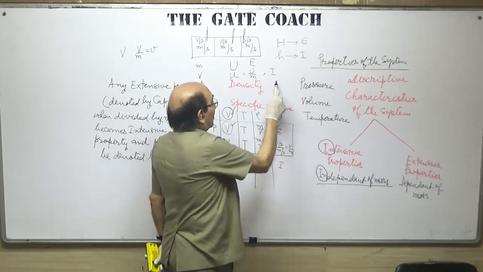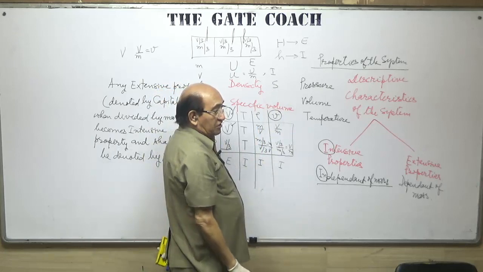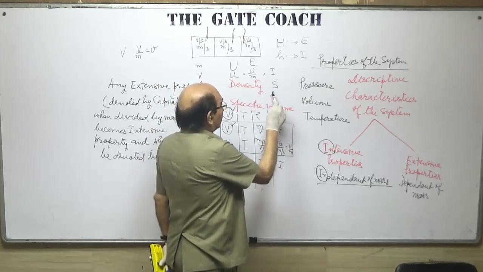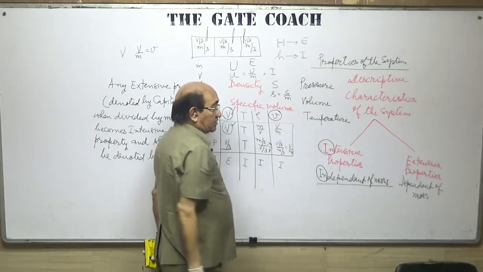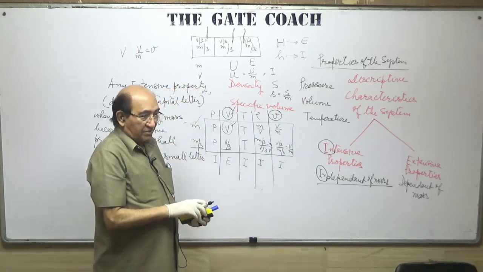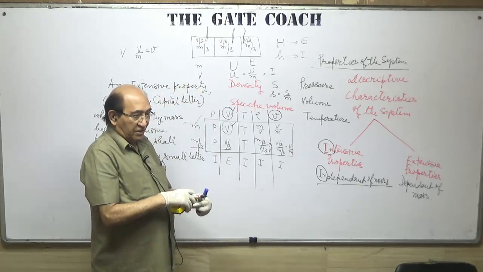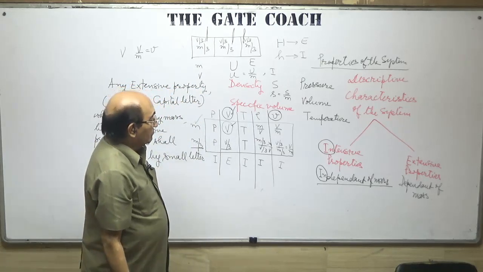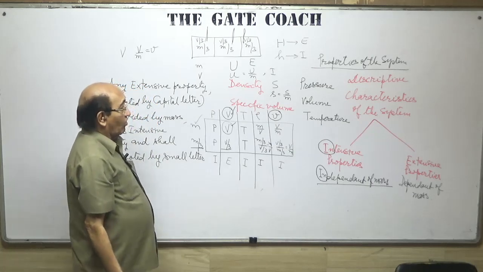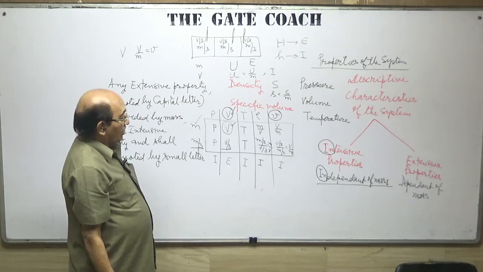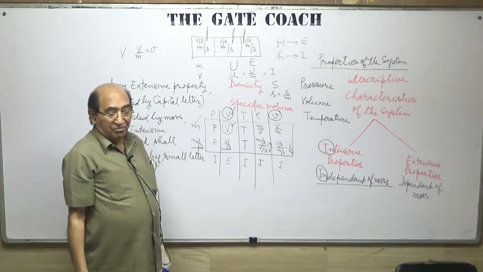Capital S, total entropy, an extensive property. Small s, which is capital S by m, becomes specific entropy and shall be called an intensive property, denoted by the corresponding small letter. I hope it should be all clear.